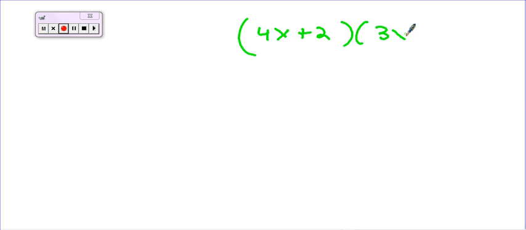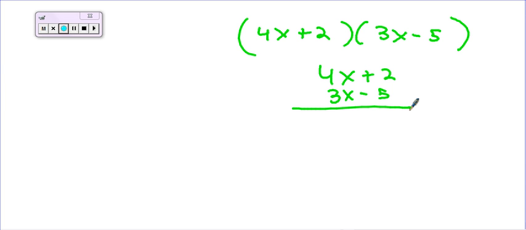4x plus 2 times 3x minus 5. Let's do it the same way I just did the last one. What is 4x times 3x? 12x squared. All right, 2 times 3x?